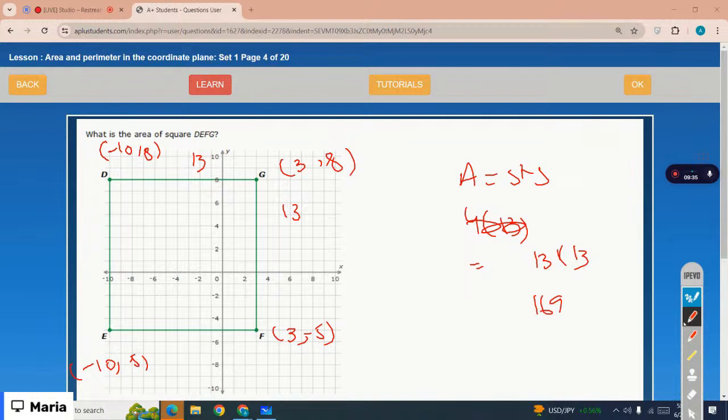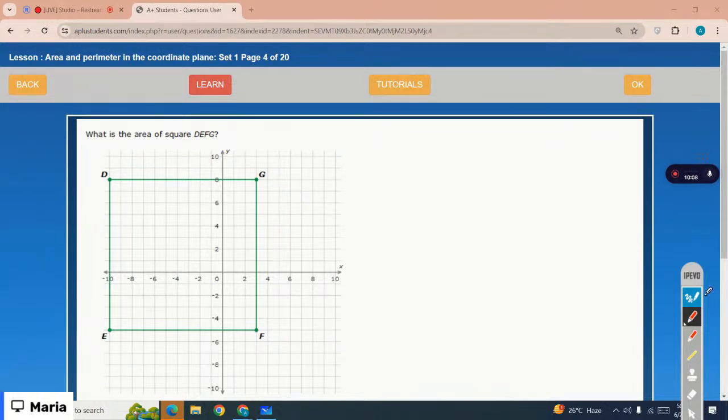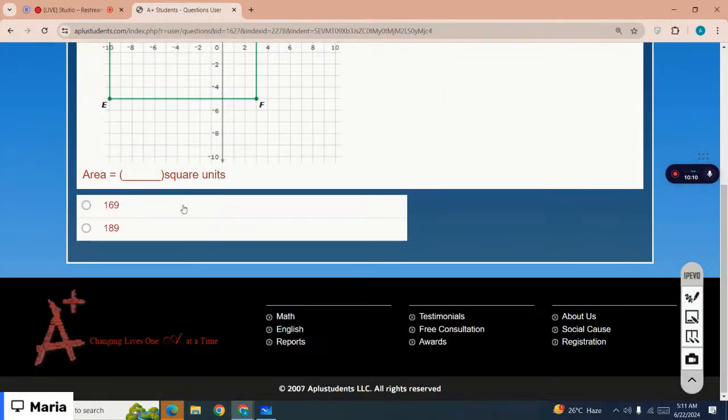So the correct option is 169, option number 1.